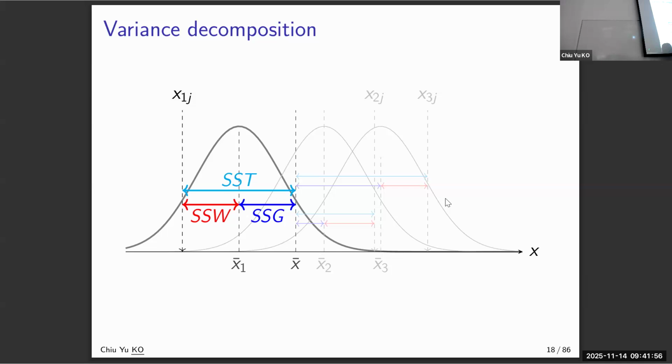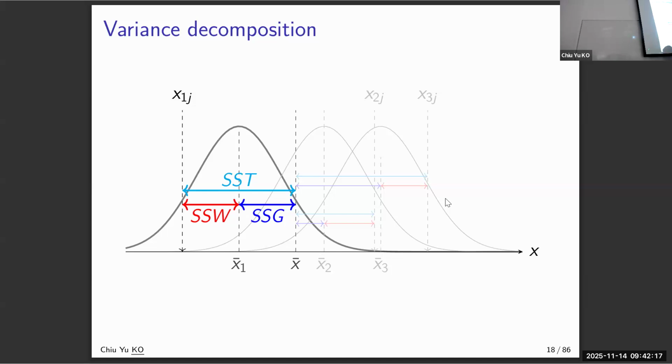But also you can look at this SSG. You can estimate variance based on variation of all these group means. The idea is that if mu1 equals mu2 equals mu3, this measure should not be different from this one.